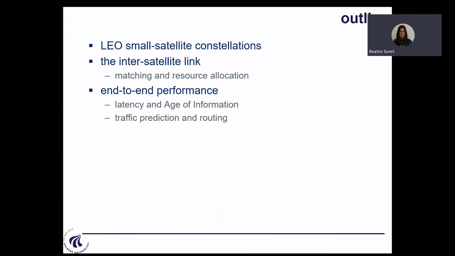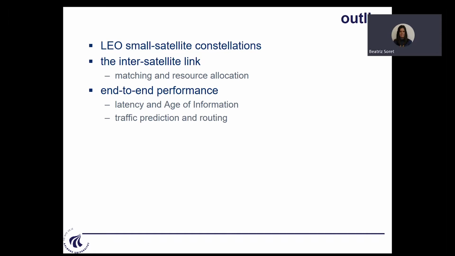So the outline. It involves space, so I think we will stay awake. The first part will be to introduce these LEO small satellite constellations, because maybe not everybody is familiar with this new technology, and there are some interesting aspects of these new networks.